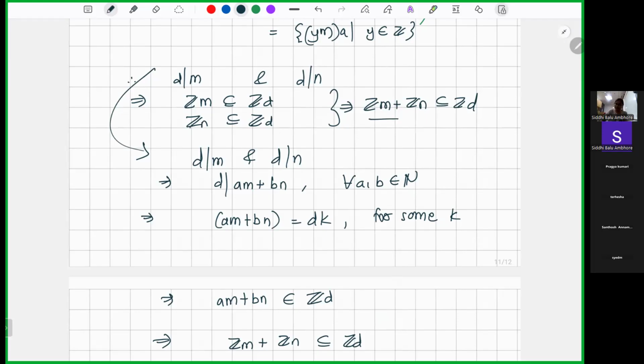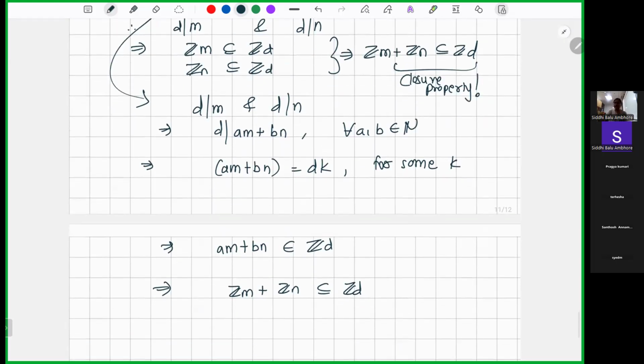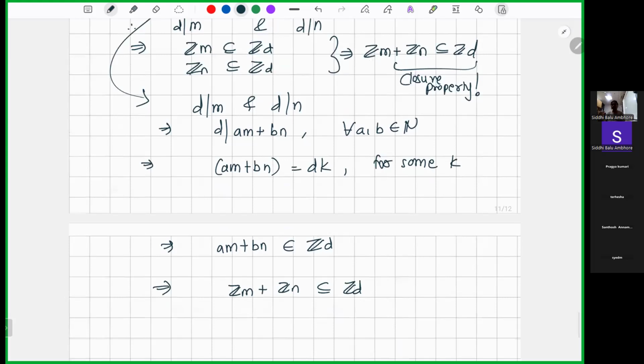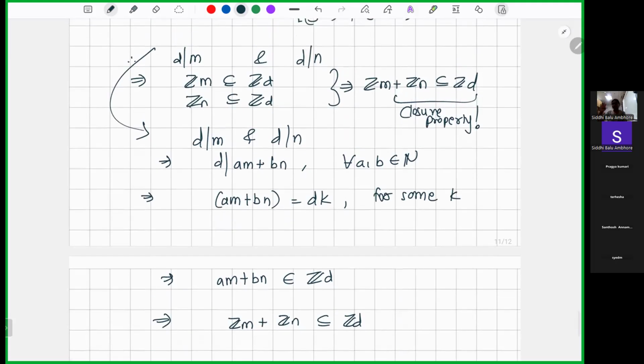So this makes sense, but in the background, the closure property is playing a role here. Whereas here we can explicitly see how a given element from Zm plus Zn belongs to ZD. Okay, I hope you understand what I'm trying to say. Here it is true, but in the background the closure property is playing a role to conclude this.